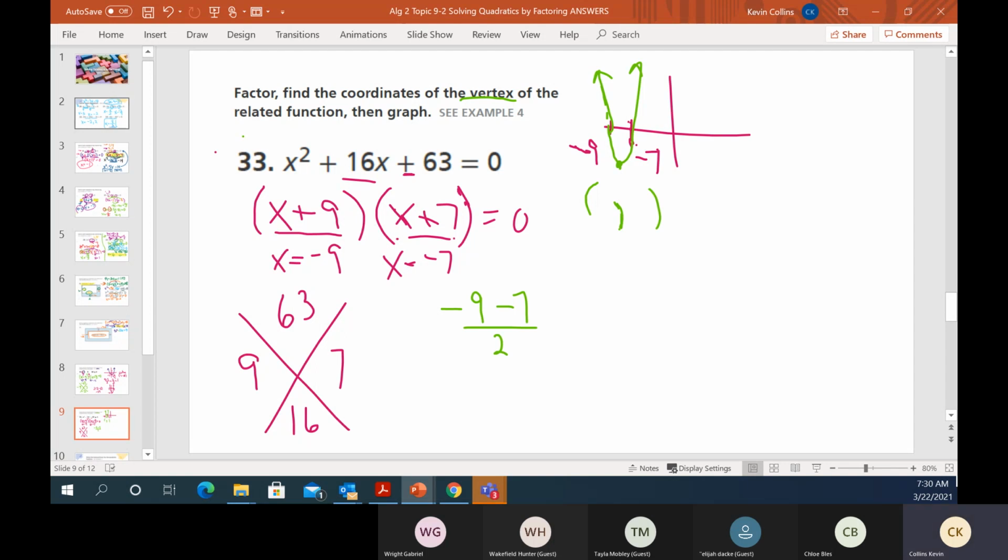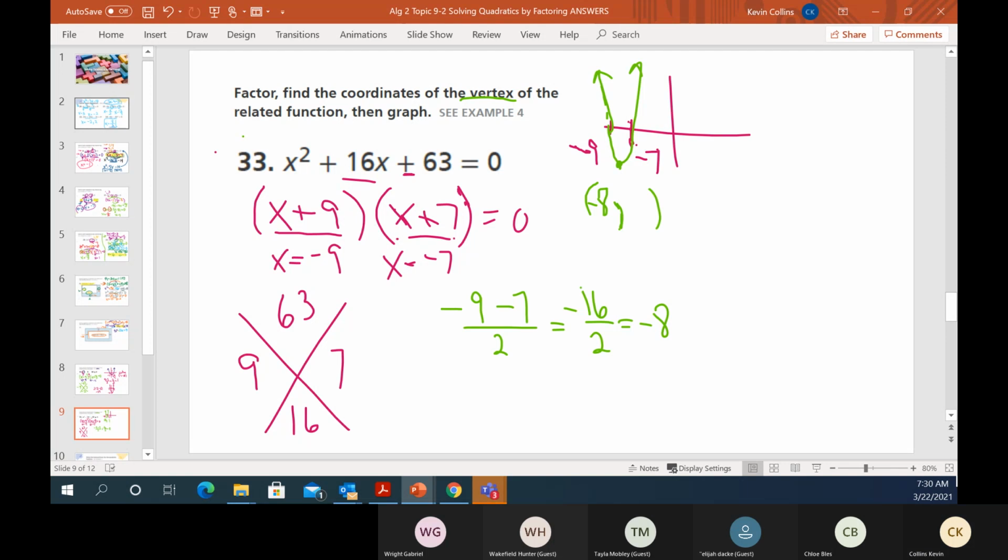So -9 and -7 is -16 divided by 2 is -8. And that should make sense because halfway between -7 and -9 is -8, right? Since those guys are close together, we don't necessarily have to do the math once you get the vibe for it. Okay, so that makes this guy -8.